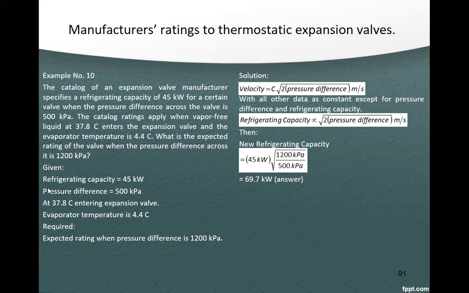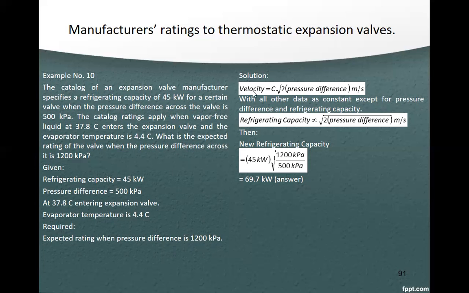Given the refrigerating capacity is 45 kilowatt, pressure difference 500 kilopascal at 37.8 C entering expansion valve, evaporator temperature is 4.4 C. Required expected rating when the pressure difference is 1 2 kilopascal.